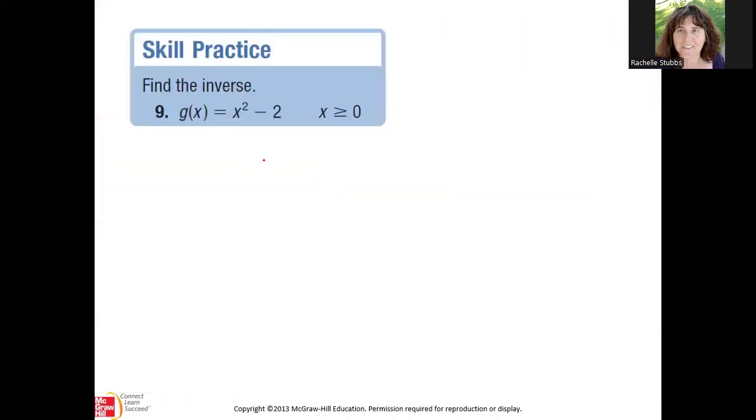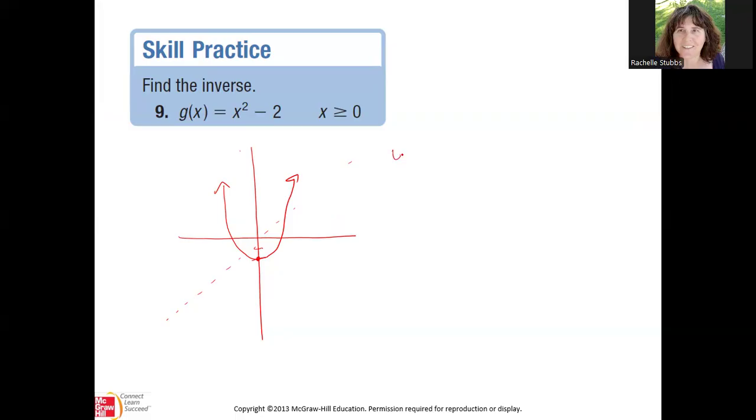Okay, we're going to try it here. So this is our graph. It's shifted down from the parent function, right? And we're finding its inverse. So it's like what I get if I folded on that line?